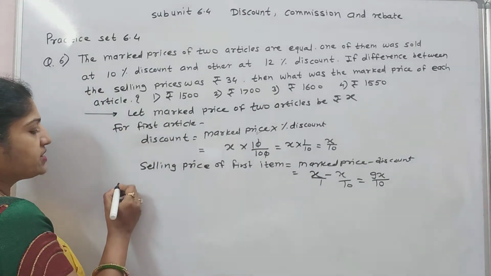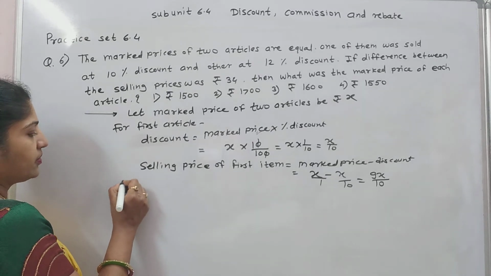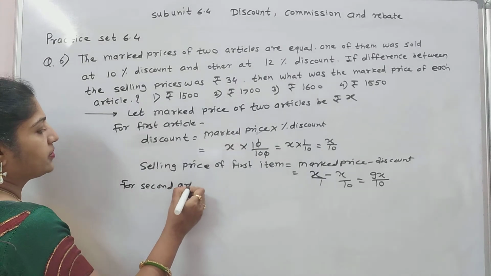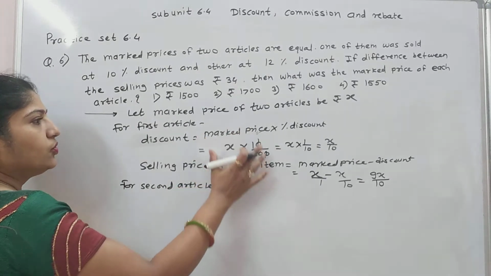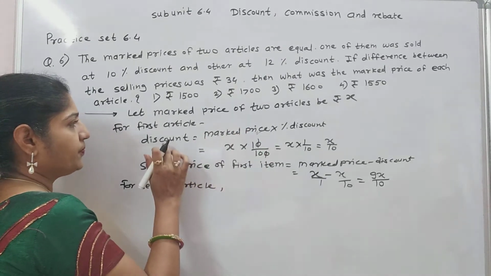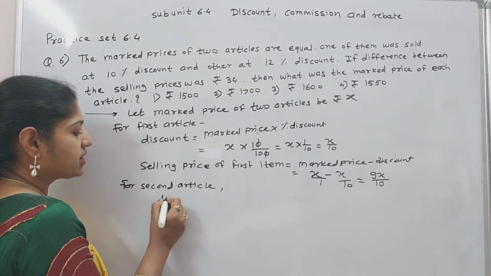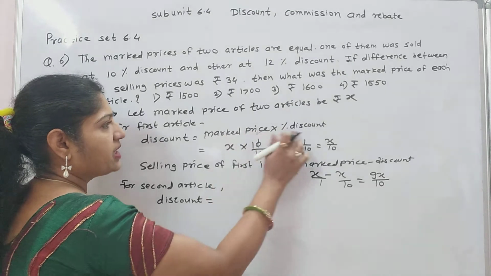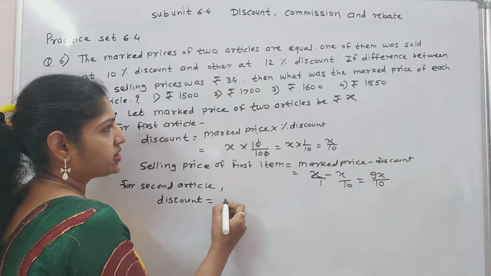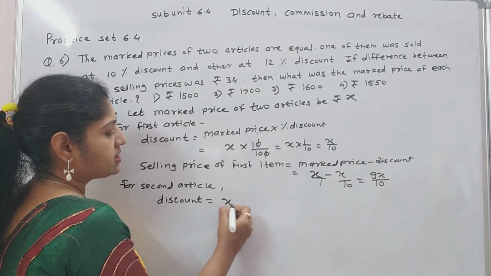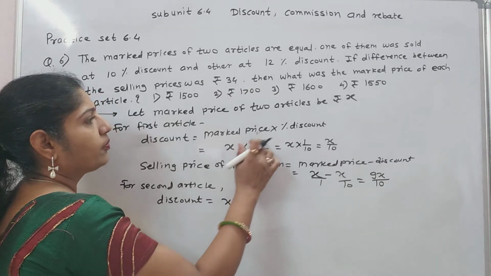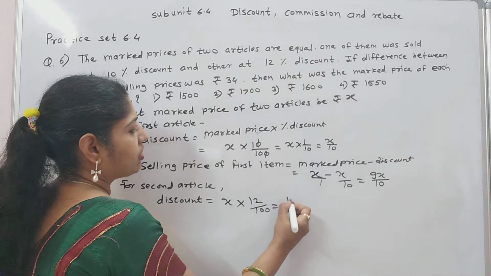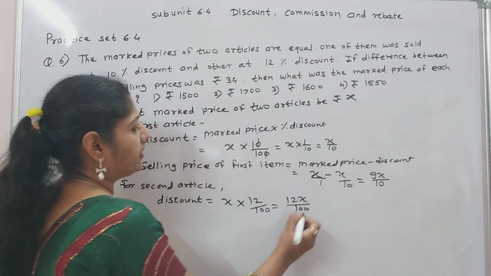Now for the second article, do the same procedure. First find the discount. Discount is mark price into discount percentage. So X is the mark price, discount is 12%, 12 upon 100. So discount is 12X upon 100.